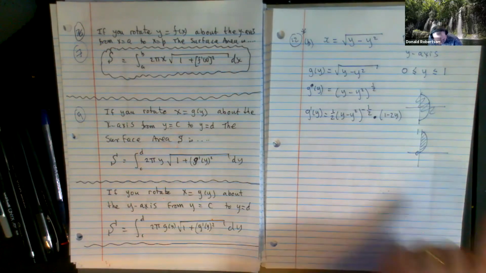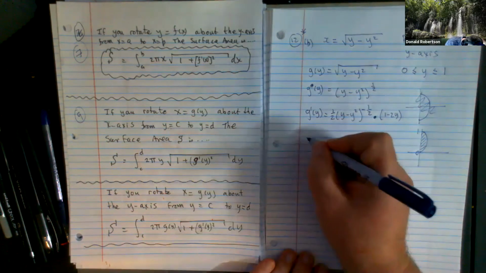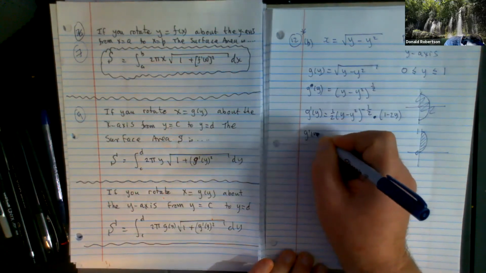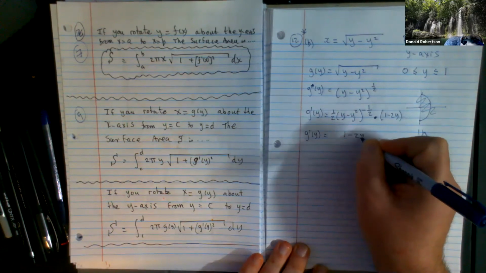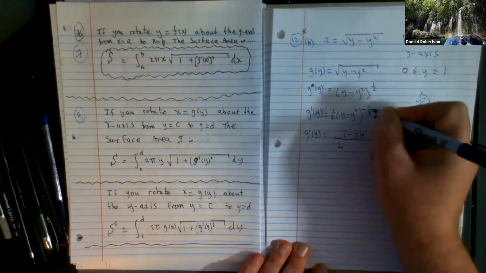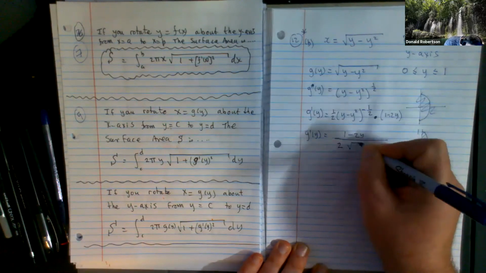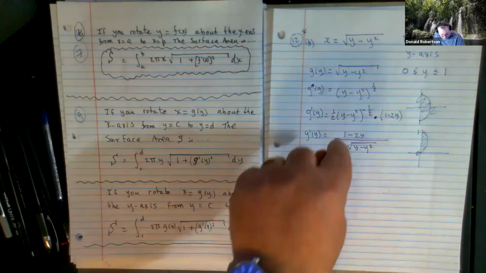So the derivative of this guy is that guy. Now I'm going to do style points. 1 minus 2y goes on the top. This 2 goes in the bottom. This half power goes in the bottom and it turns into a square root. Are you comfortable with this becomes that?